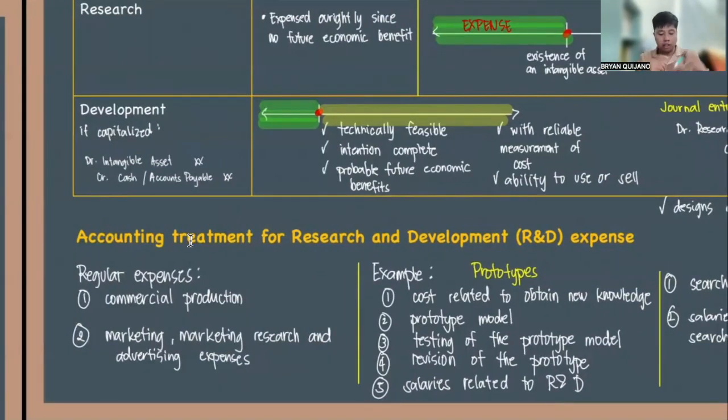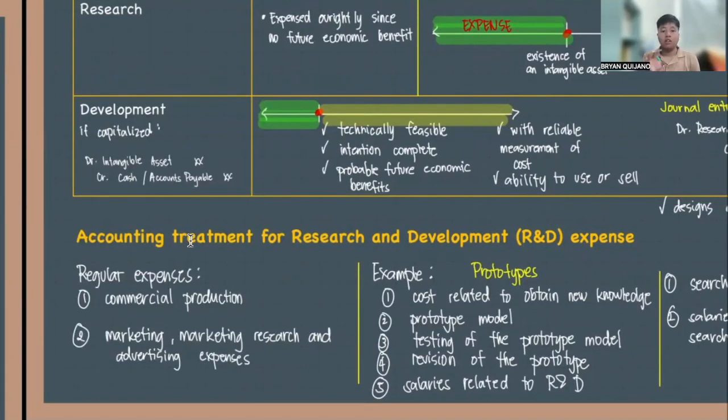Let us have the accounting treatment for the research and development expenses. Research costs and development costs that do not qualify for capitalization are expensed and disclosed as research and development expense. However, only those expenditures incurred in R&D activities, for example, you would want to invent a future product, are considered R&D expenses.